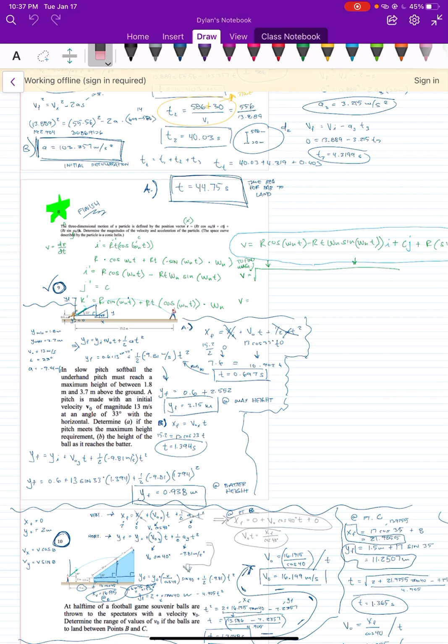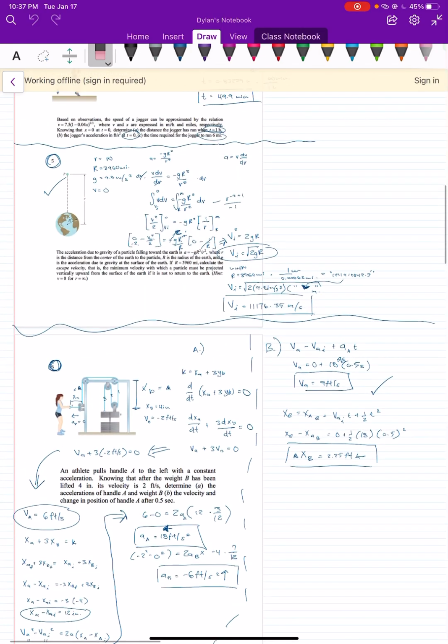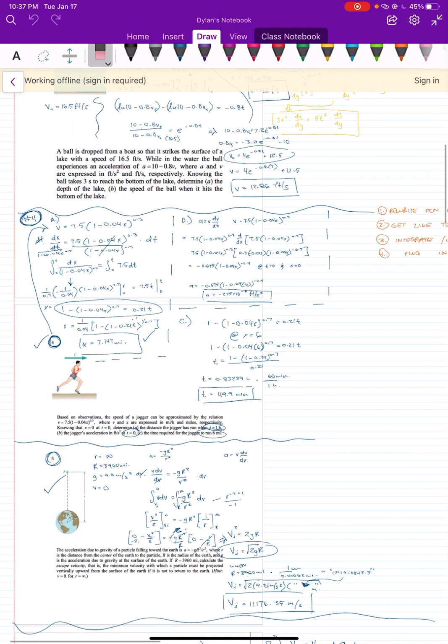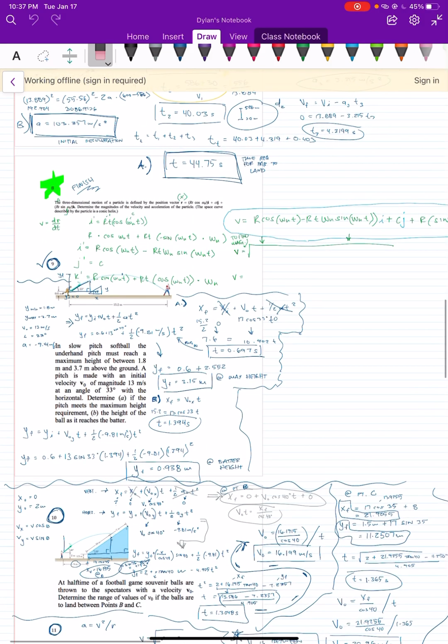Number 9, this one I used 2 different kinematic equations. It was very similar to number 3 and number 4. I used one kinematic equation, plugged everything in with the x and y components of the vector, the person throwing it, and found my time at that moment.